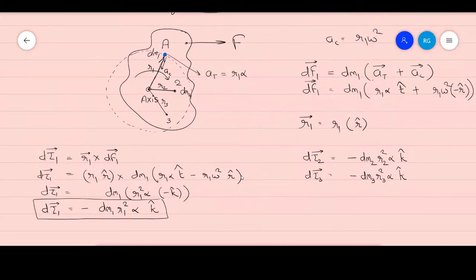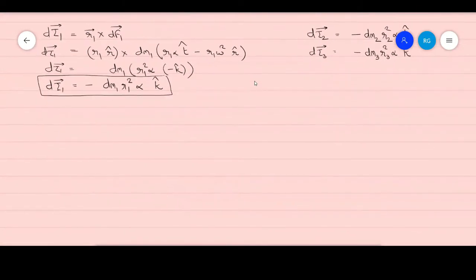Ideally there will be an infinite number of particles. So the total torque, which we represent by tau, will be the integration of all the d tau, or d tau 1 plus d tau 2 plus d tau 3, and this carries on up to infinity.